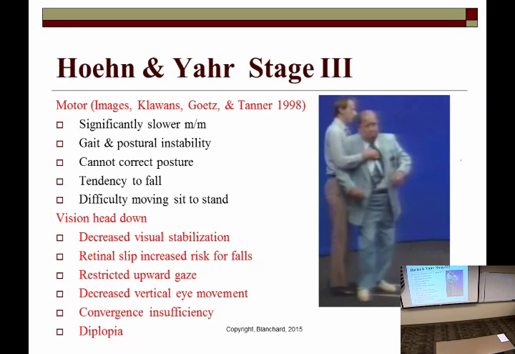And if you can't hold the image on the retina and it's constantly slipping, you don't know if you're going or coming. That's a strange feeling to have in your system if you can't hold eye gaze on an object and follow it through. So that creates safety issues as well for clients with Parkinson's.